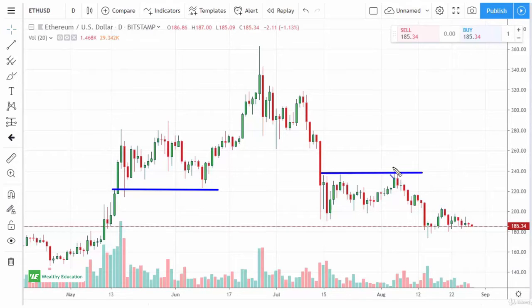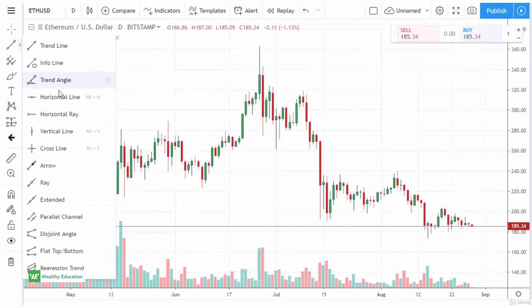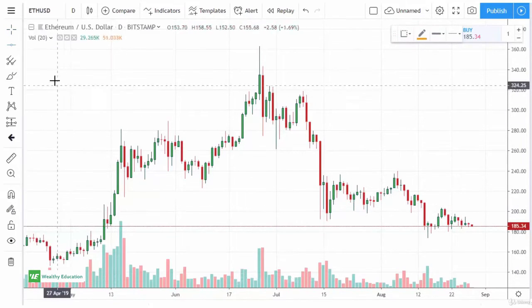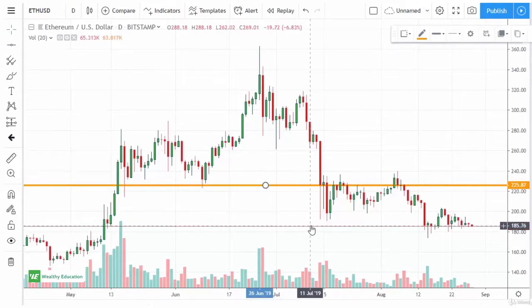Now, support and resistance tends to form at large round figures, and as a result, you can use that to your advantage. In order to do this on TradingView, you click on the line tool, the horizontal line tool, and you just place it right on the chart.